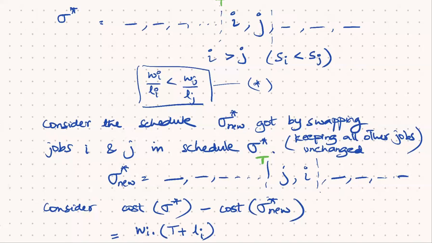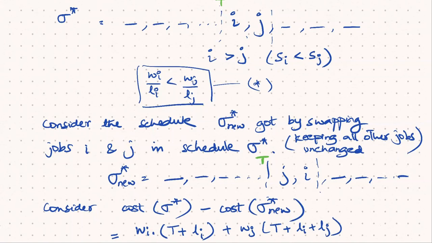That's when job i will complete in this schedule. And the term for job j is the weight of job j times t plus the length of job i plus the length of job j. That would be the completion time of job j in this schedule sigma star.